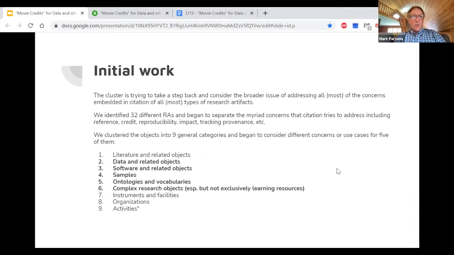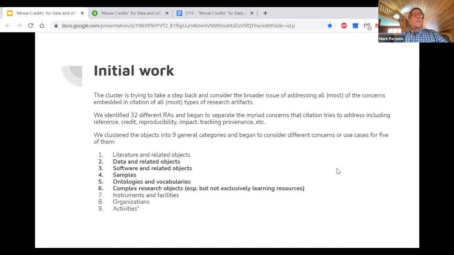And so in our initial work, we tried to take a step back. We'd worked on data citation, we'd worked on software citation, both of which are roughly modeled off the concept of literature citation. And we wanted to consider this broader issue of addressing all those concerns that I pointed out for all the different types of research artifacts, or at least most of them. As an initial brainstorming exercise, we identified 32 different research artifacts.